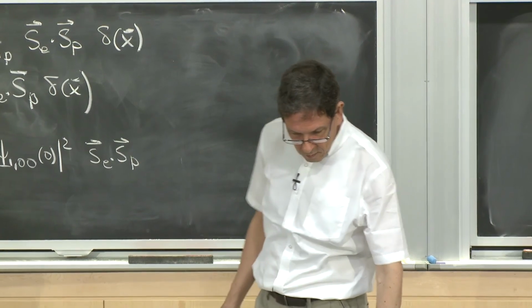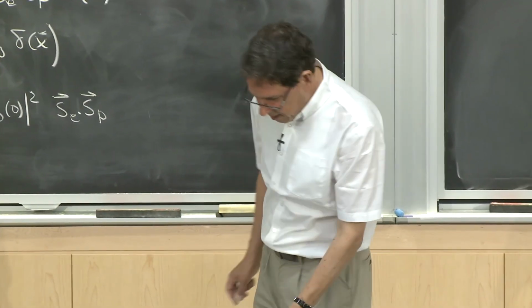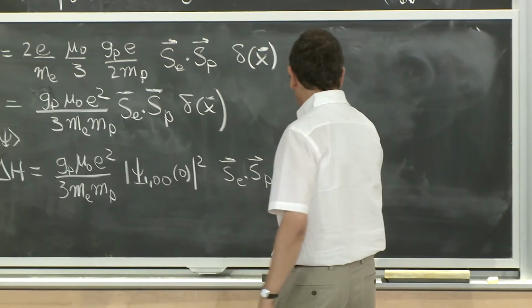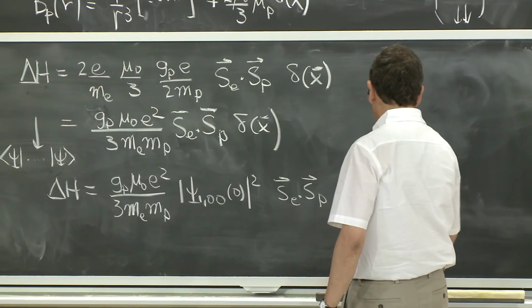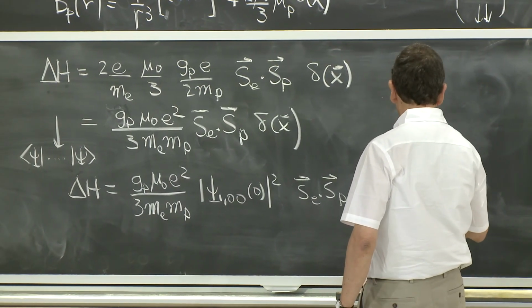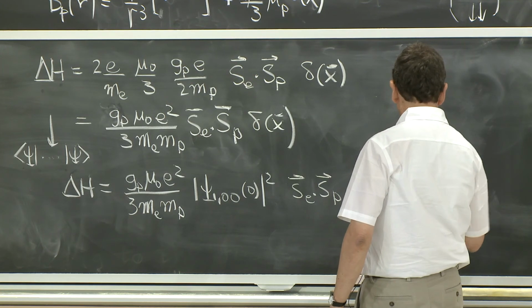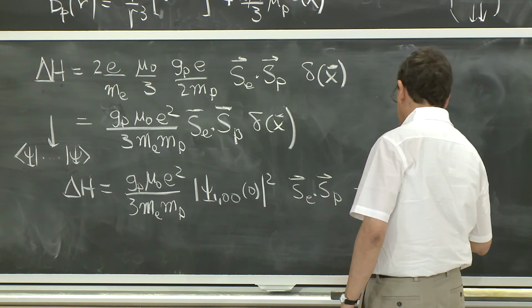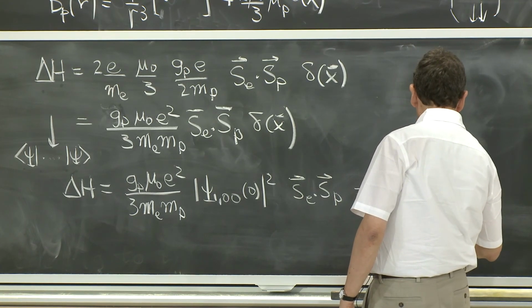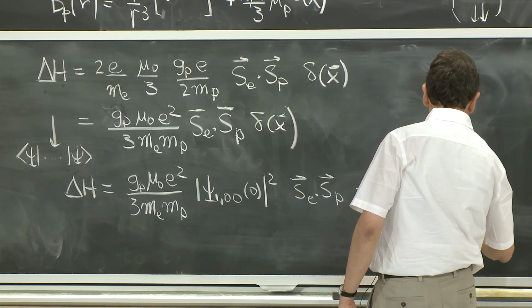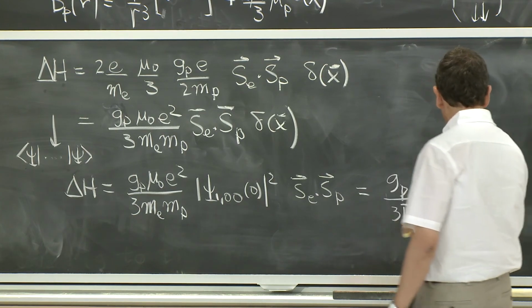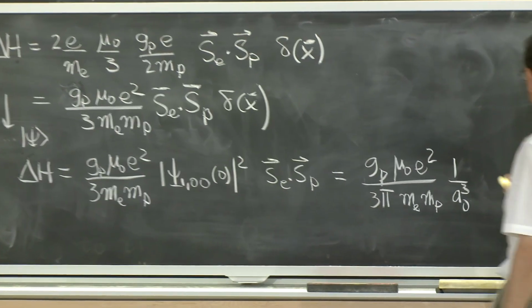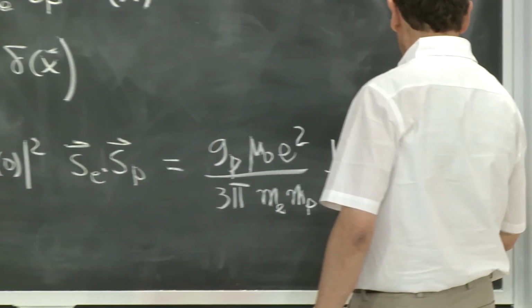So at this moment, the full result here is gp mu 0 e squared over 3 pi me mp times 1 over a0 cubed, SE dot SP.